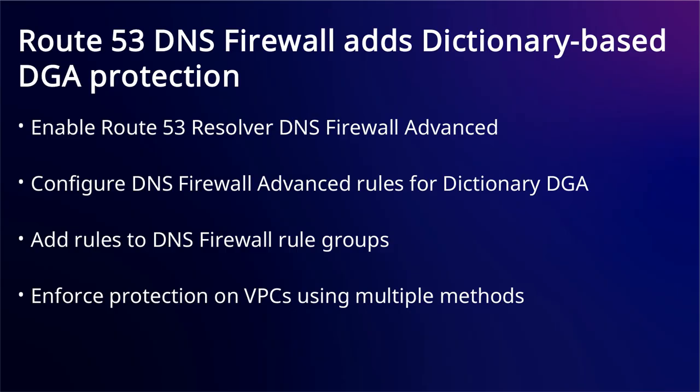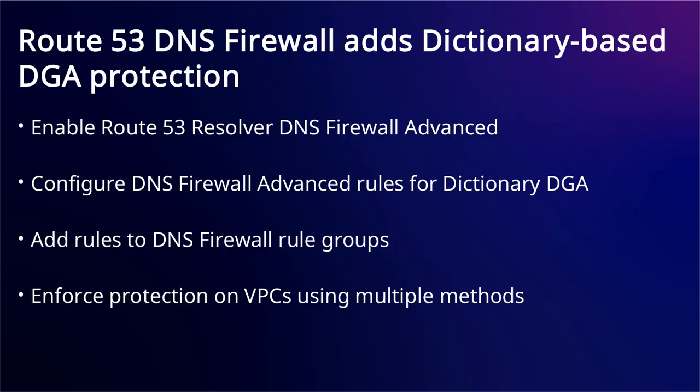Dictionary-based Domain Generation Algorithm, DGA, attacks create domain names that mimic legitimate ones to evade detection. Route 53 DNS Firewall Advanced now offers protection against these attacks. You can enable this feature to monitor and block suspicious DNS queries in real time. Configure DNS Firewall Advanced rules specifying Dictionary DGA as the threat.